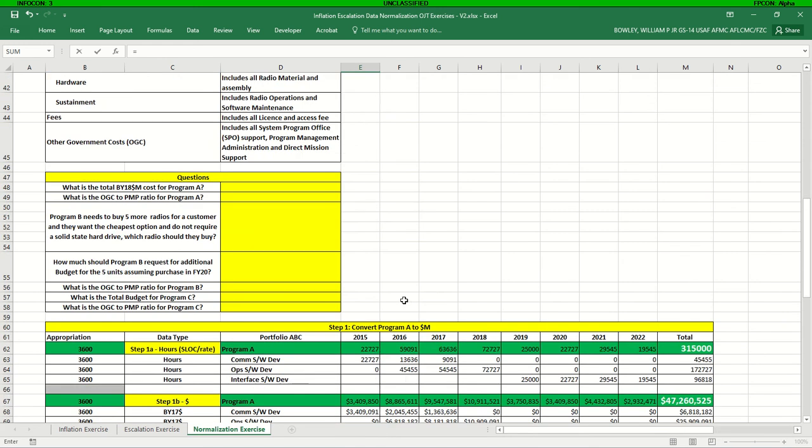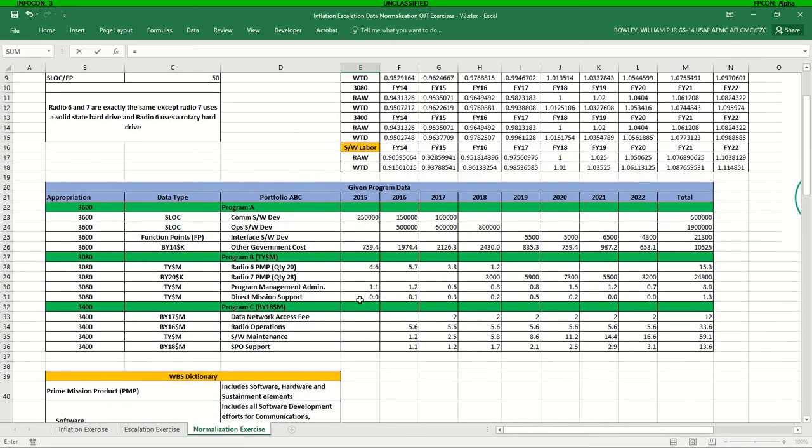For radio operations, we're going from base year 16 to base year 18, so we're going to grab the 3400 raw index for 16. Again, we're going to lock that in.